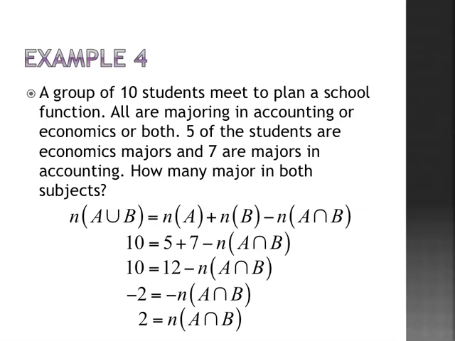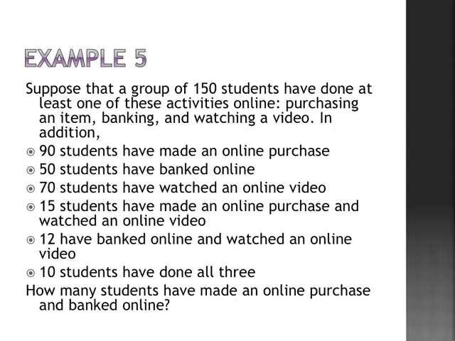All right, take a look at example 5, a more complex Venn diagram. Suppose that a group of 150 students have done at least one of these activities online: purchasing an item, banking, and watching a video. In addition, 90 students have made an online purchase, 50 students have banked online, 70 students have watched an online video.